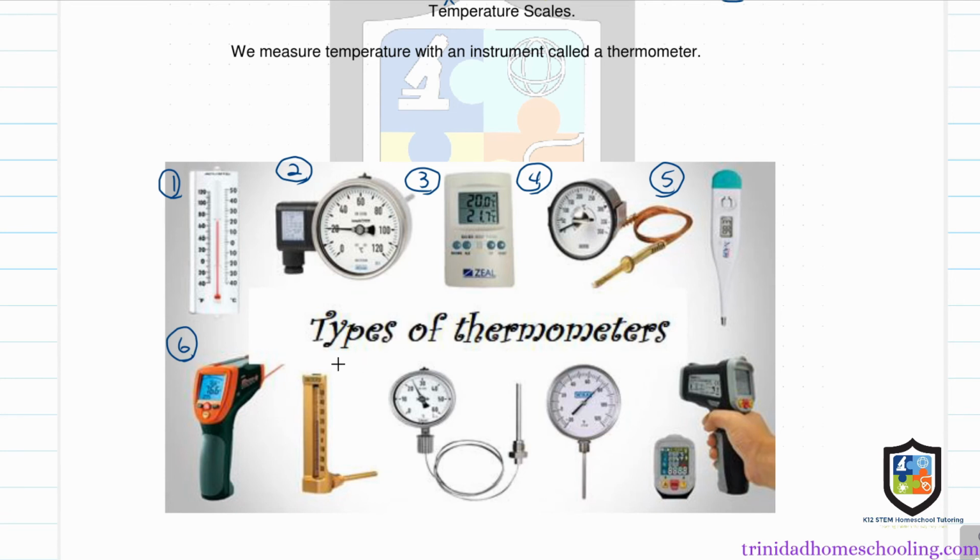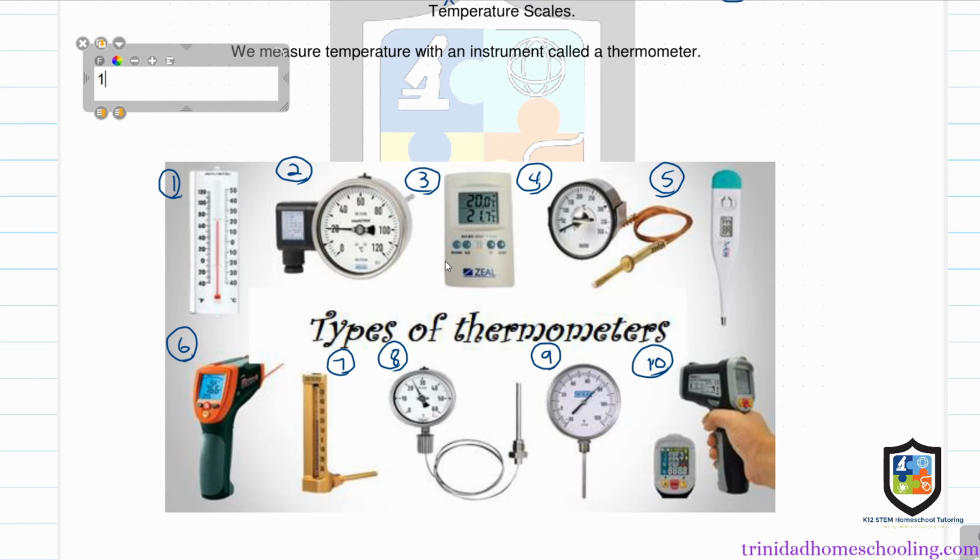Now at this level, you're not expected to learn off the names of these thermometers or how they operate in detail. But later on, in Form 4, we will need to focus on a few of these thermometers and look at them in detail and know how to use them.